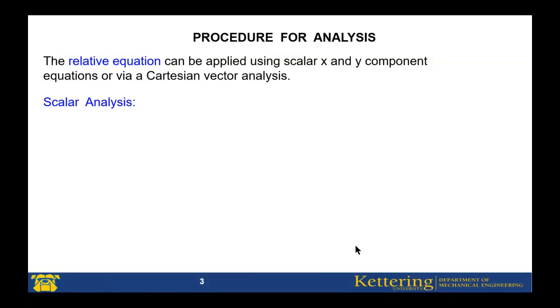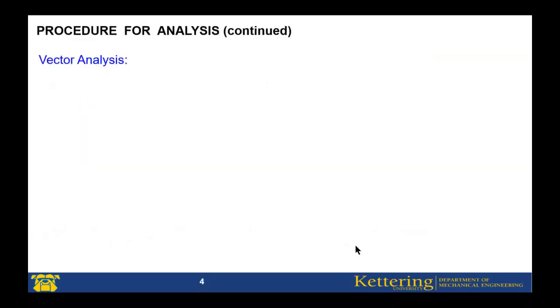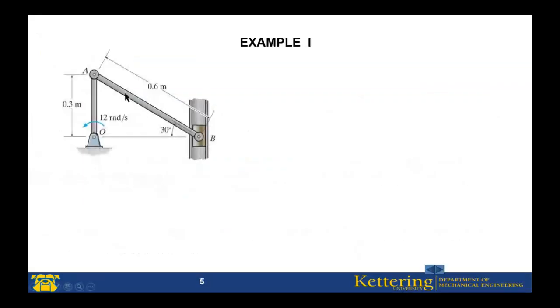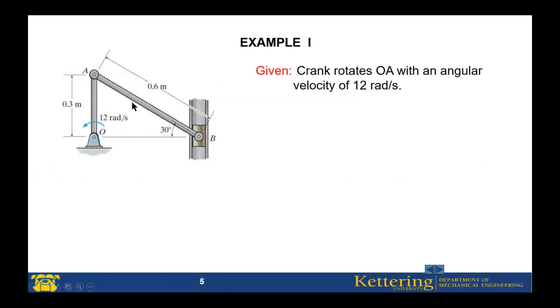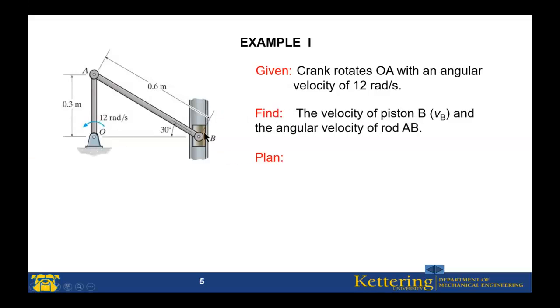Now, for the procedure for the analysis of the general rigid body, for example, this problem is given to you and asks that if this crank OA rotates, we are looking to find the velocity of the B and also the angular velocity of this link.